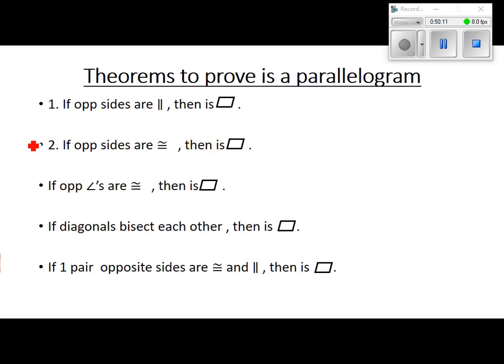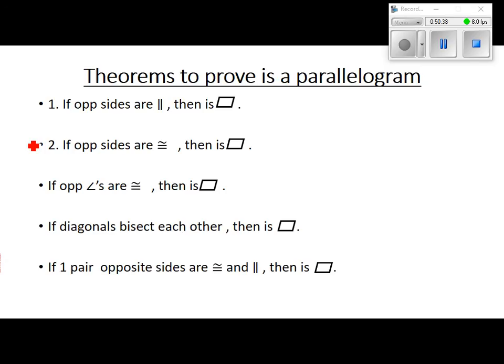If opposite sides are congruent, then it is a parallelogram. Because some of the problems are going to ask you, is this a parallelogram? Give a reason why, or explain why. These would be your explanations. If opposite angles are congruent, then it is a parallelogram. If diagonals bisect each other, then it is a parallelogram.